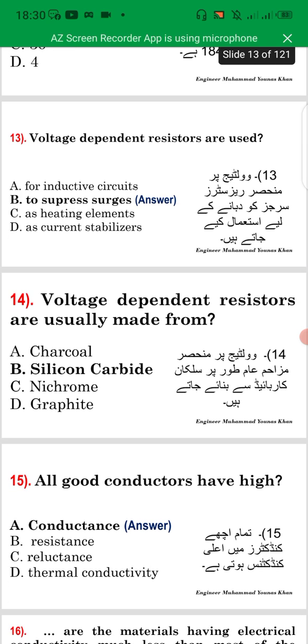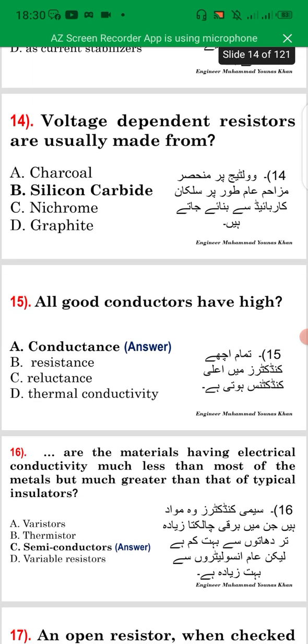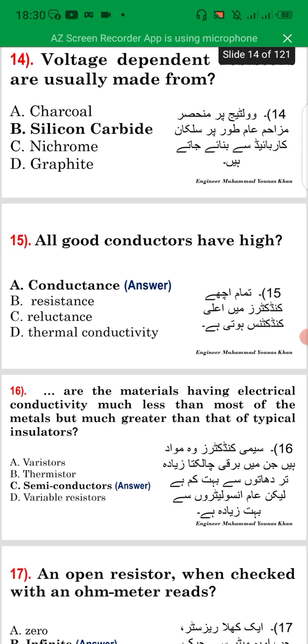Question number 14. Voltage dependent resistors are usually made from charcoal, silicon carbide, nichrome, graphite. Correct answer is silicon carbide. Question number 15. All good conductors have high conductance, resistance, reluctance, thermal conductivity.